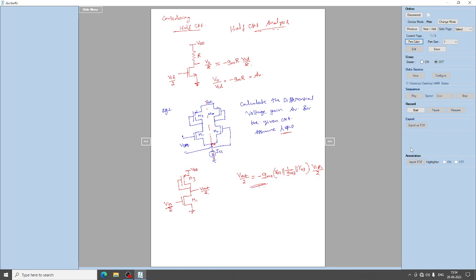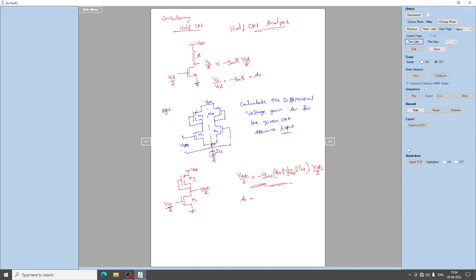This will be the output, and the gain is minus Gm into the total impedance seen at that node, which is R01 parallel with 1 upon Gm3 parallel with R03. So this is the differential output for the circuit.